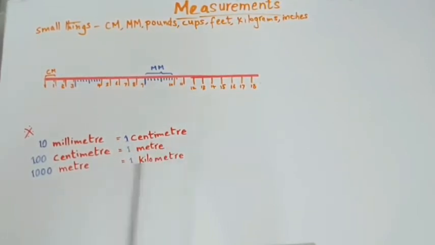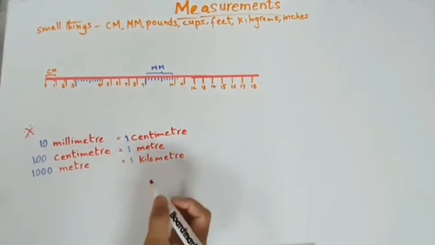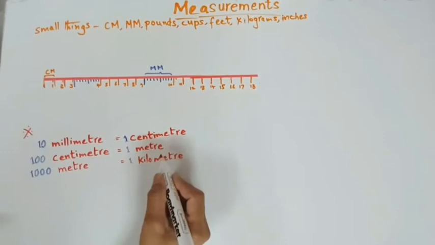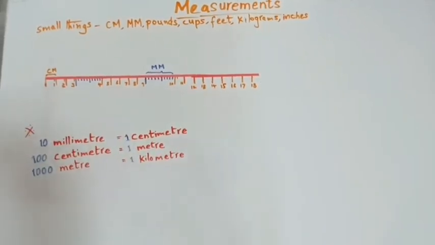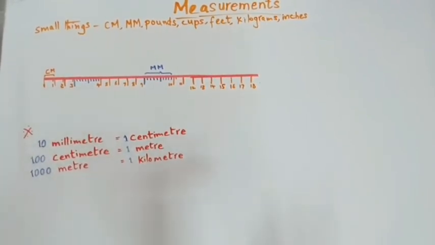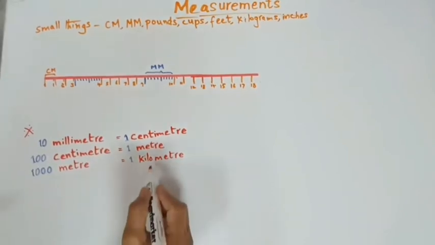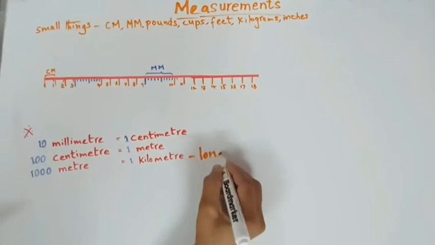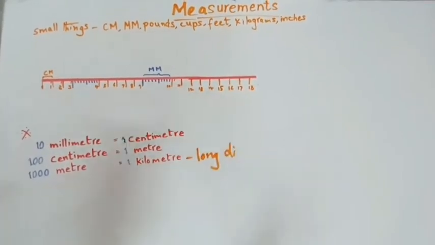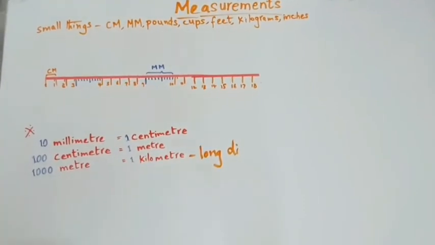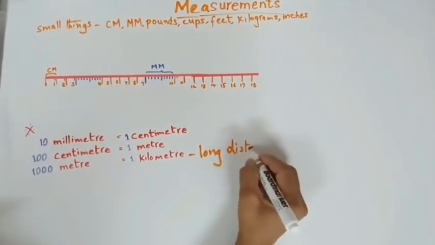To measure long distances, especially with meter, we can use these two things. It depends on your object. For example, your teacher's table is a little bigger, so you can measure it with the meter. For long distances you can measure with the kilometer. Long distances, like from your home to school, from home to marketplaces, all those things.